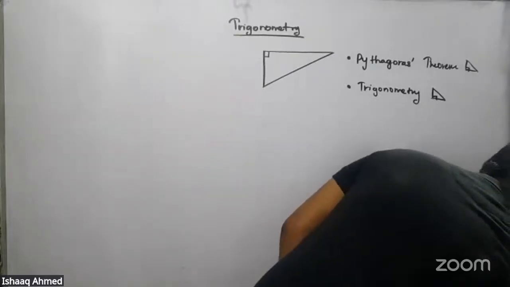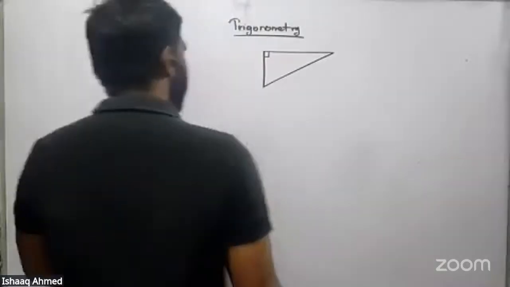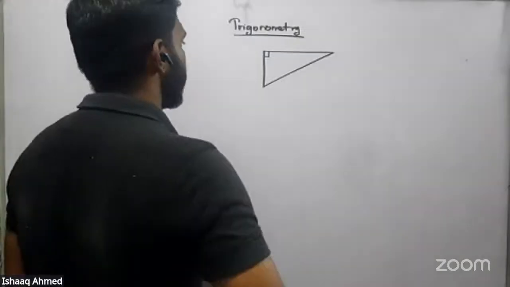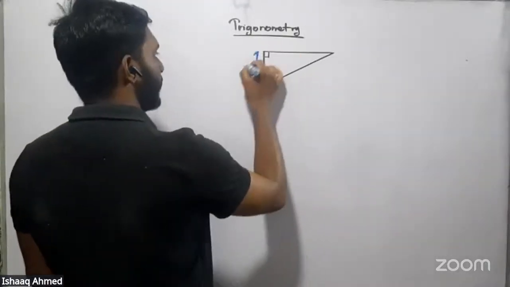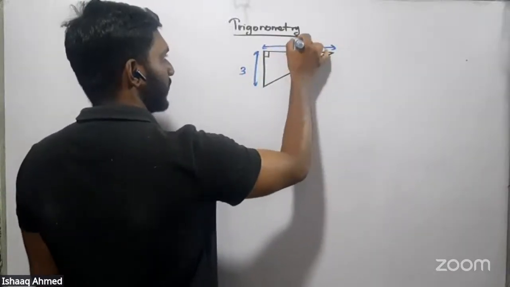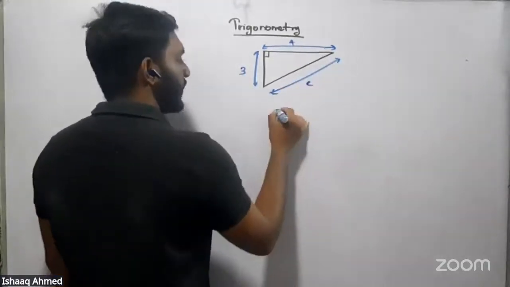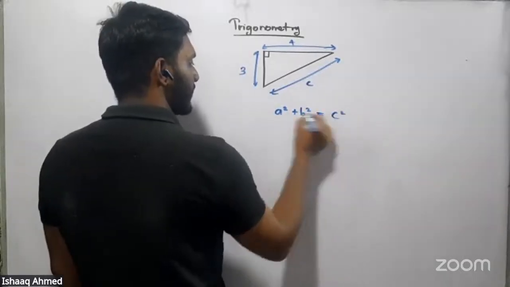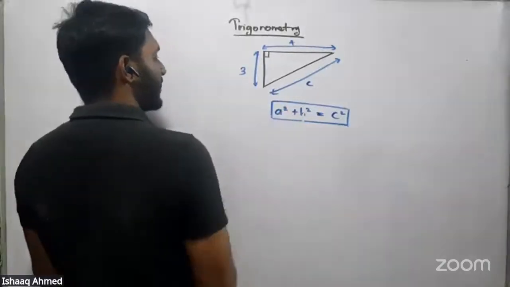What is trigonometry? But before saying what is trigonometry, let me ask you a question. What is Pythagoras theorem? In a right angle triangle, if you know two side lengths, the way of finding the next side length using this formula is what we call Pythagoras theorem.